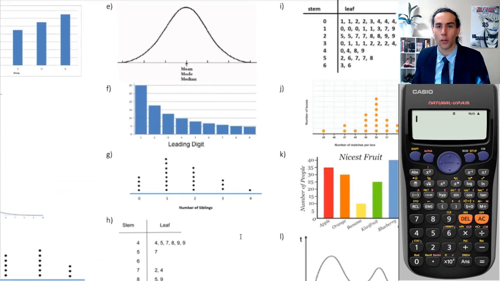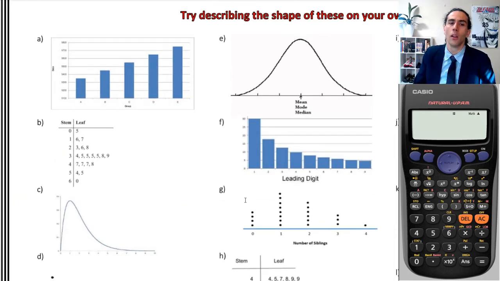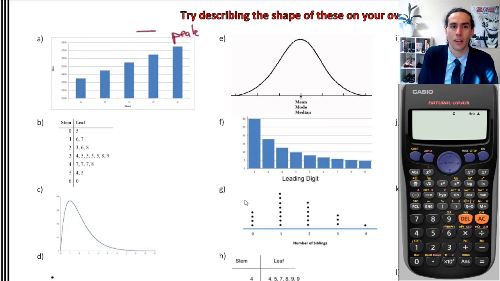So now I will zoom in again. So I'll do a few of these to get you started. This one here. So the peak is here. And this is the tail to the left. So that's negatively skewed. So where's the peak? Well, there's the peak here.